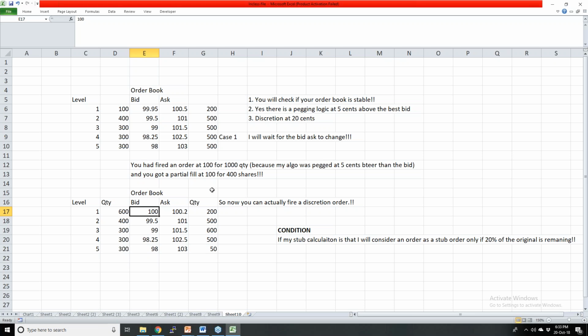So this is more than 200. I will not consider this a stub. I will fire my discretion range, right? Yes or no, guys? So this might be one condition for defining a stub order.